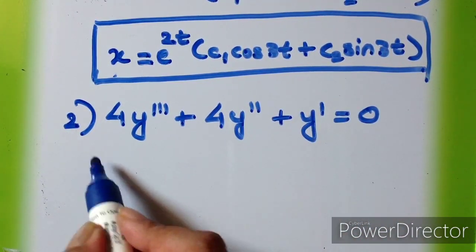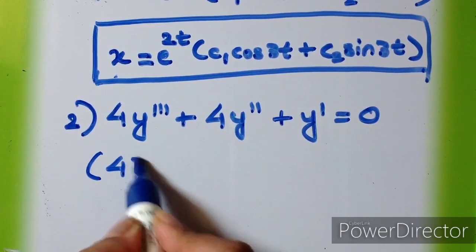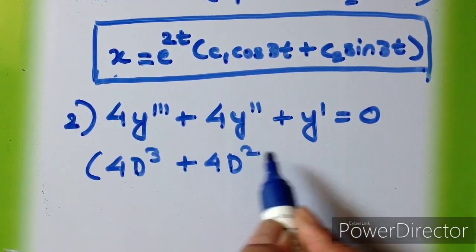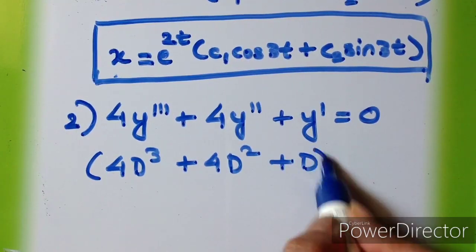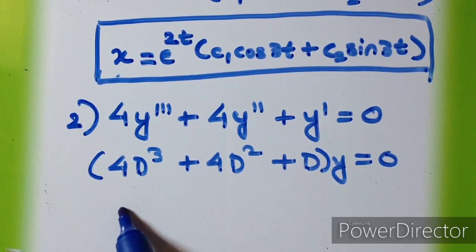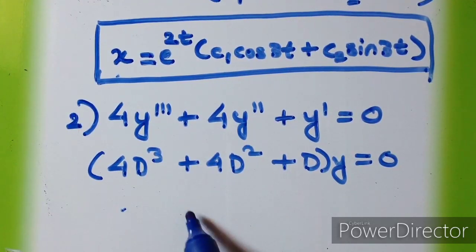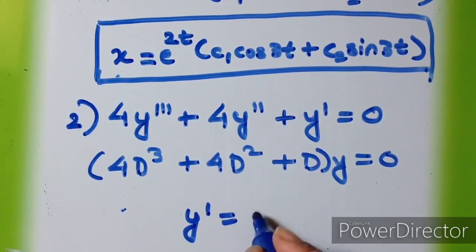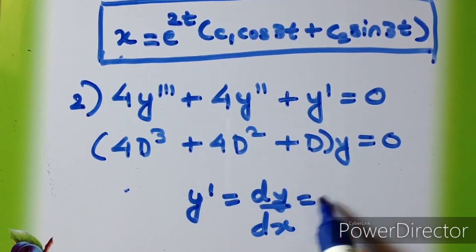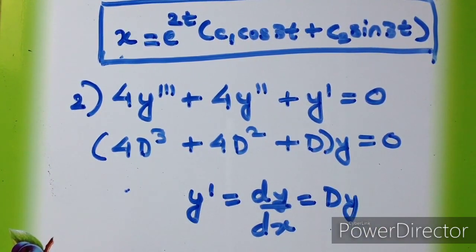The same thing we can write like this now: (4D³ + 4D² + D) operated on by y is equal to 0. You may recall that when we write y dash, this is nothing but dy/dx, and this is nothing but Dy.